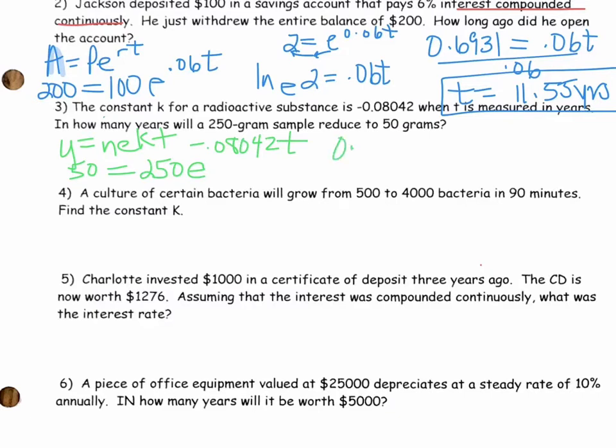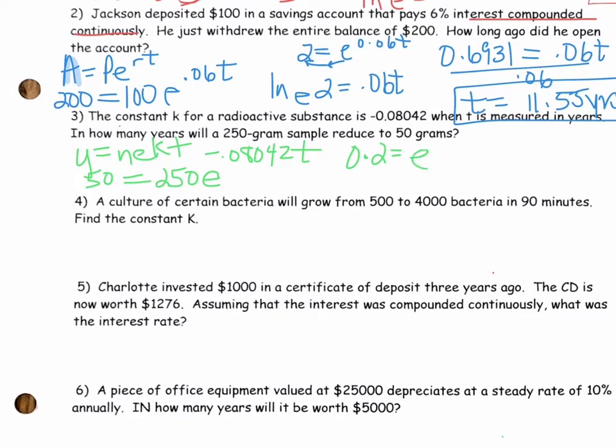So you get 0.2 equals negative 0.08. I'm going to go back. Forgot my E, didn't I? You're going to go E to the negative 0.08042T.